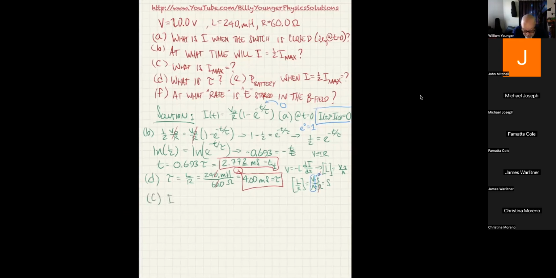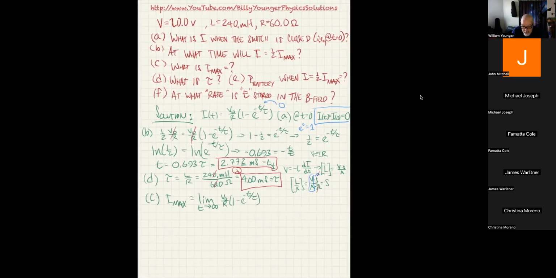So I max, as I argued from the limiting process, is equal to the limit as T approaches infinity of V0 over R times 1 minus e to the negative T over tau, which I think you can see is basically 1 minus 0, because the limit of e to the negative T as T approaches infinity is going to become 0.